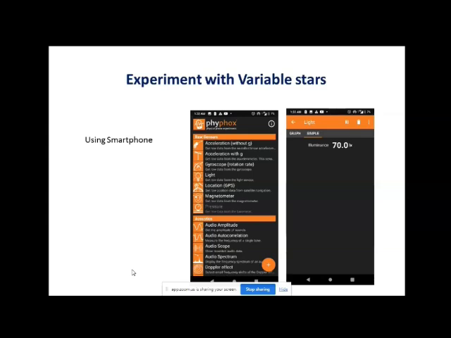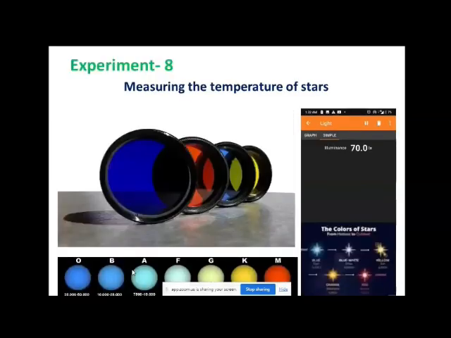So you can just use this lux meter, the light sensor of the smartphone. Check it; I think this would be possible.